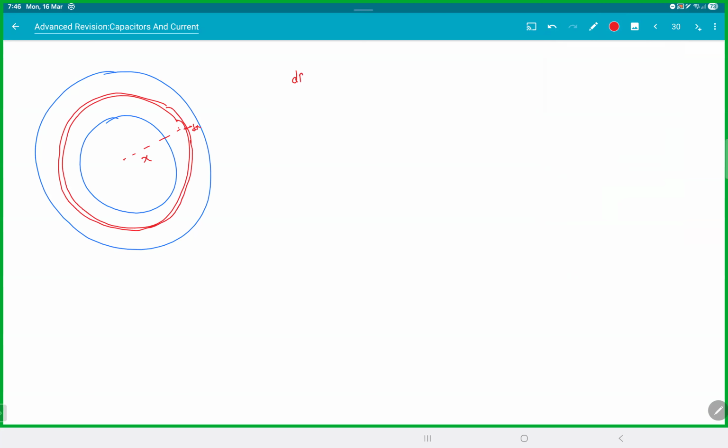So the small resistance dR will be rho L by area. Rho is rho naught x. L is the length along the current flow. Here the current is flowing radially, so dx. A is the cross-sectional area perpendicular to the current flow, which is 4 pi x square. That would be rho naught by 4 pi, dx by x. So for the full resistance R equivalent, integrate this, and you'll end up with rho naught by 4 pi ln 2. Clear with this?